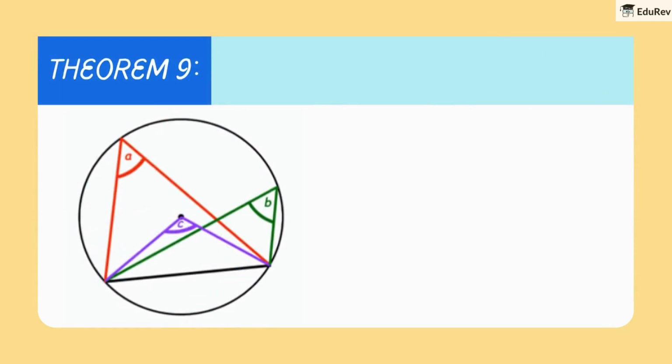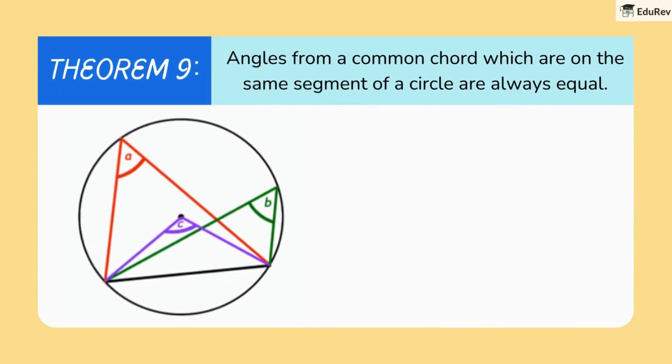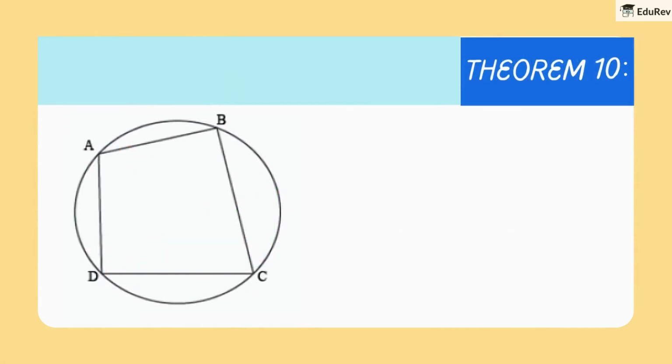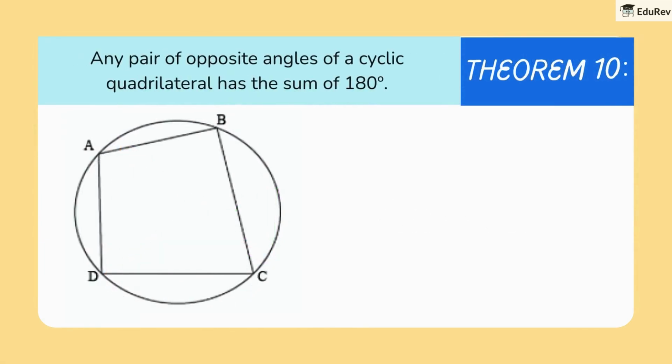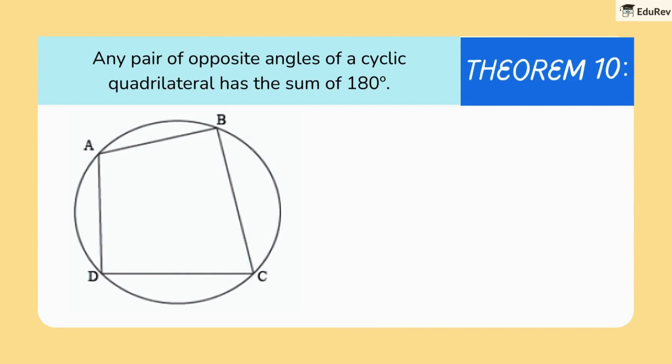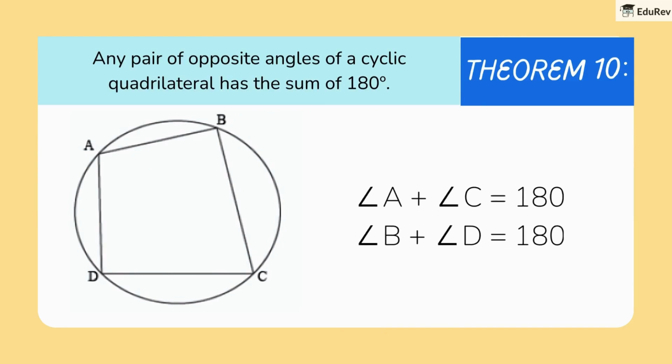Theorem 9. Angles from a common chord which are on the same segment of a circle are always equal. Angle A equals angle B. Theorem 10. Any pair of opposite angles of a cyclic quadrilateral has the sum of 180 degrees. Angle A plus angle C equals 180 degrees.